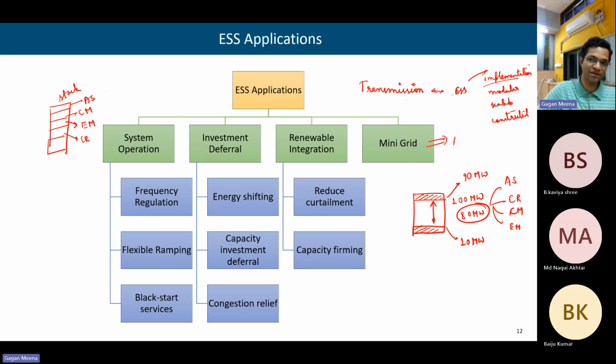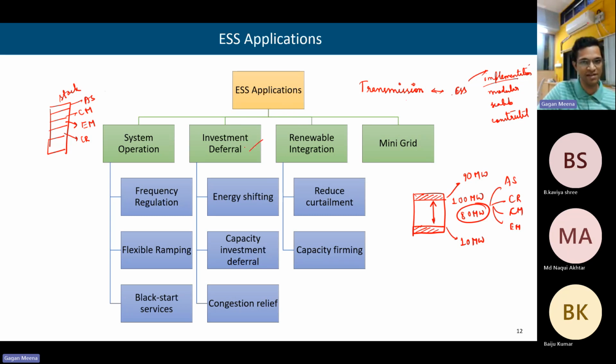For example, if a mini grid has a diesel generator, we have all seen in big commercial complexes, industrial complexes, there are diesel generators for power backup, providing backup power. In that, if we have energy storage, then we can use energy storage instead of diesel generator. We can reduce the reliance on the diesel generator. But these services, the grid scale energy storage can provide.